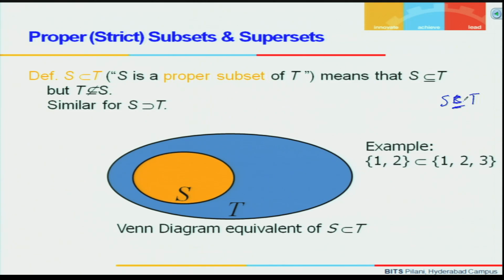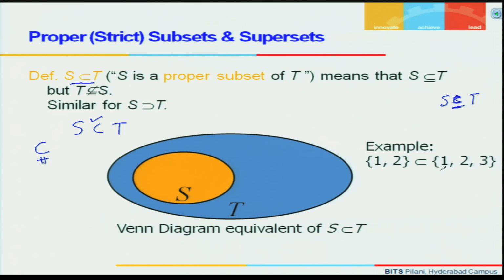When we say S is proper subset of T, this is not going to be there. S is subset of T means basically all the elements of S are going to be in T, but for a proper subset, there exists at least one element in T that is not there in S, that makes it proper.